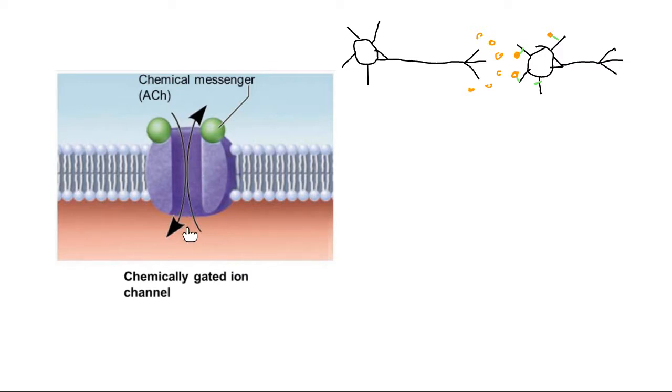This happens too when neurons are talking to muscle cells. Neurotransmitters never actually go inside the cell that hears them. The message attaches outside to the gate. What goes inside are the ions that the gate specifically opens and closes for. So keep that in mind. Neurotransmitters always stay on the outside, but they're my key that opens up a chemically gated channel.